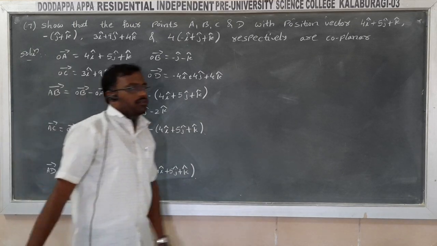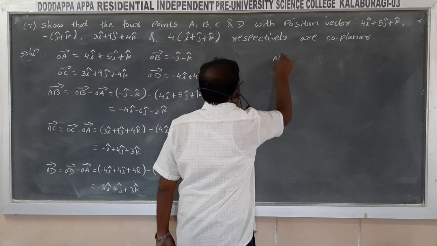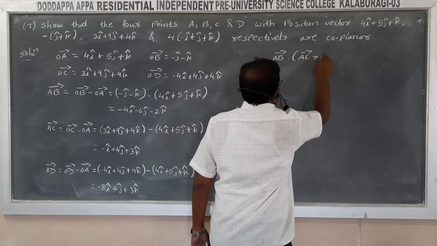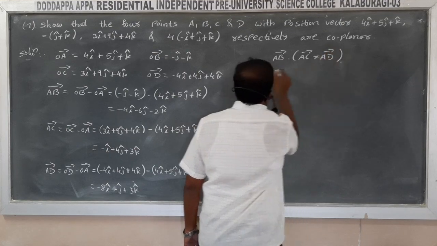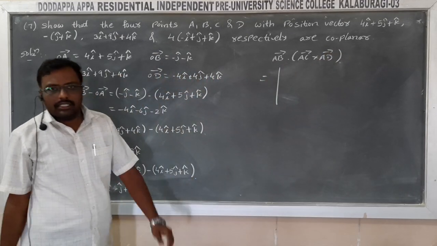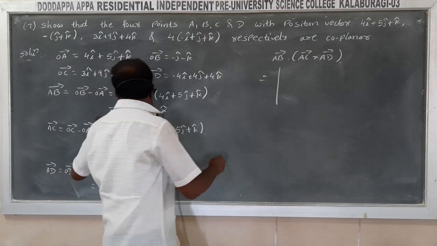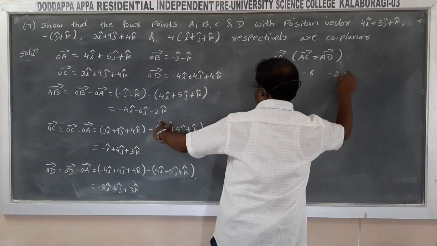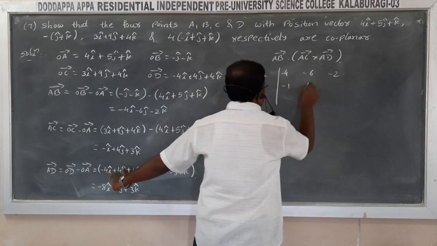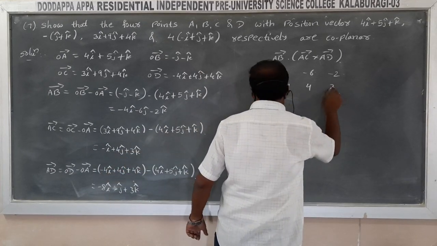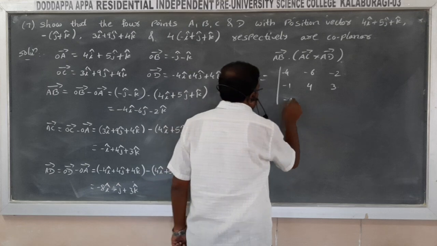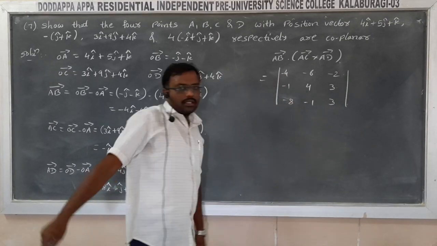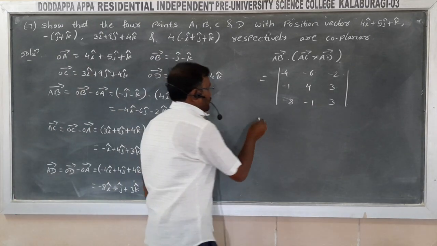Okay. Now you can find out vector AB dot vector AC cross vector AD as usual. So using a determinant, first row is minus 4, minus 6, minus 2. Next is minus 1, 4, 3. Next is minus 8, minus 1, 3. Okay. Now you can simplify.